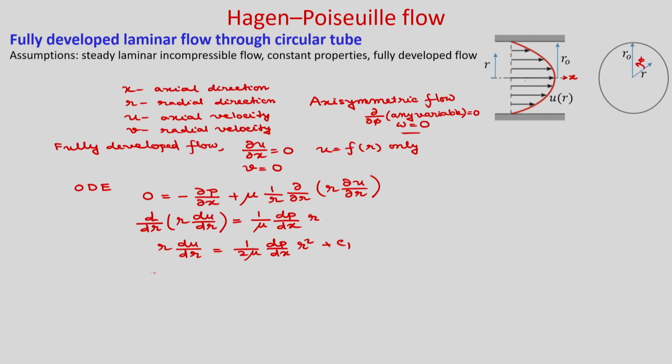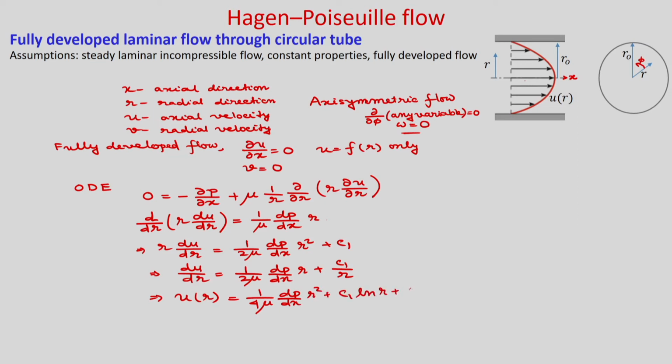If you divide by r, then du by dr will be 1 by twice mu dp by dx into r plus C1 by r, and if you integrate again, you will get the velocity profile as 1 by 4 mu dp by dx r square plus C1 ln r plus C2.